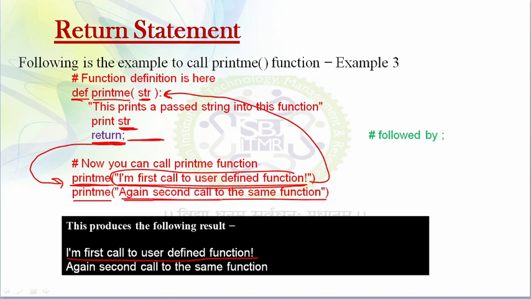This string will be again copied to this string variable, and its value will be printed through the print statement. It will print my second output, that is, again second call to the same function. Now it will return to the next line.